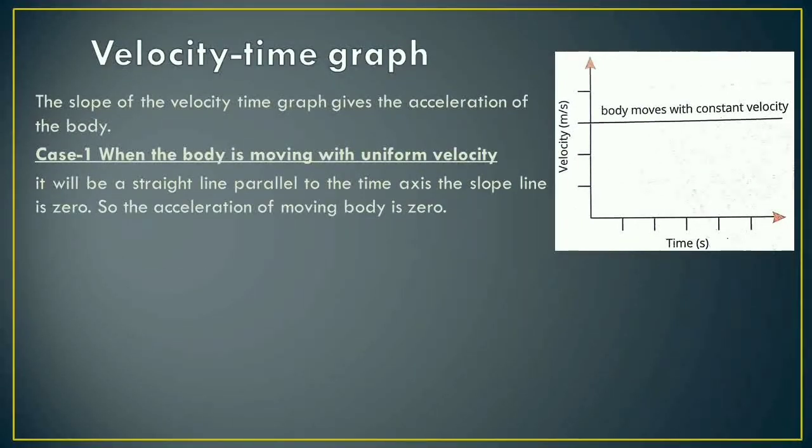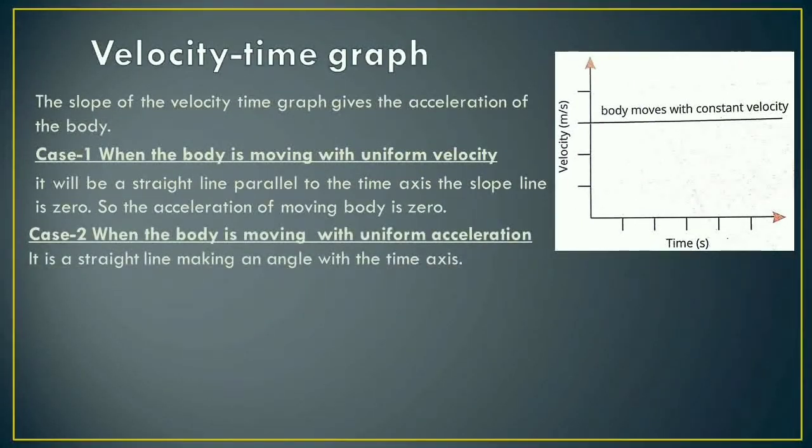In our next case, the second case, the body is moving with uniform acceleration, when the initial velocity is 0, that means initially it was at rest.